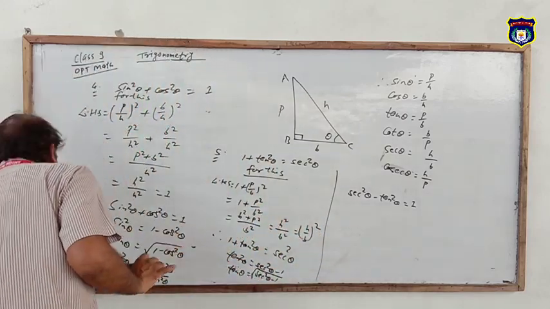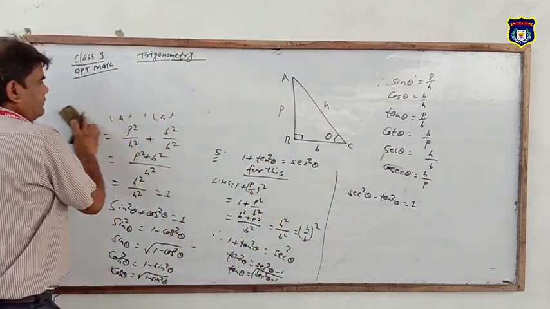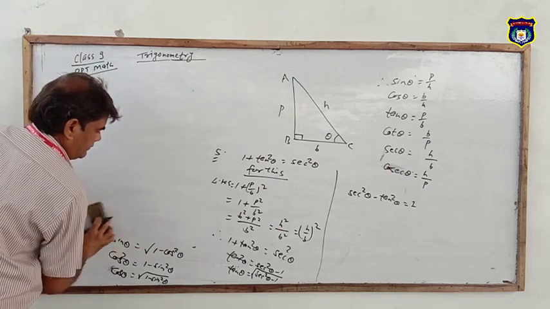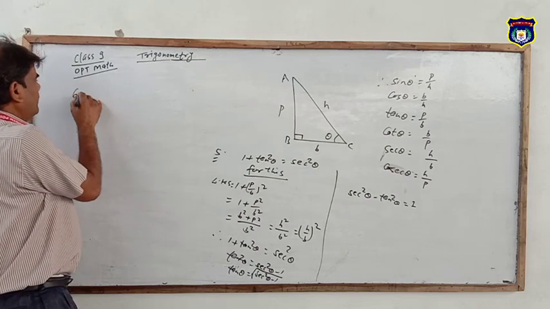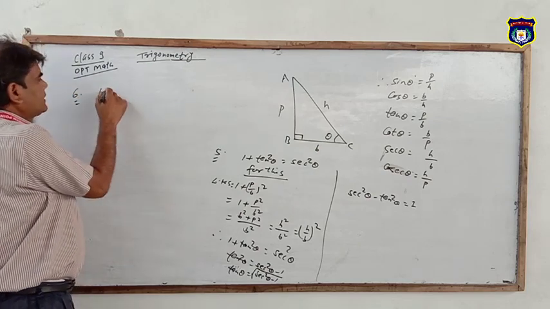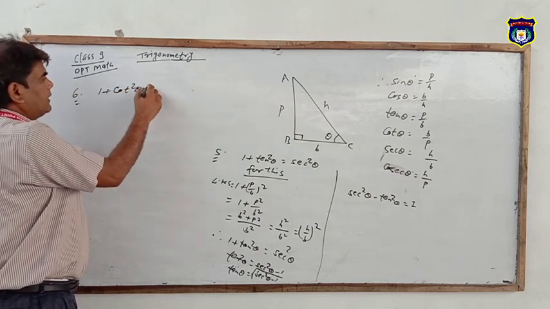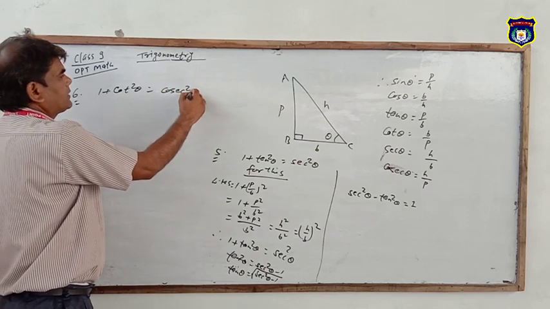For the next, 1 plus cot square theta is equal to cosec square theta.